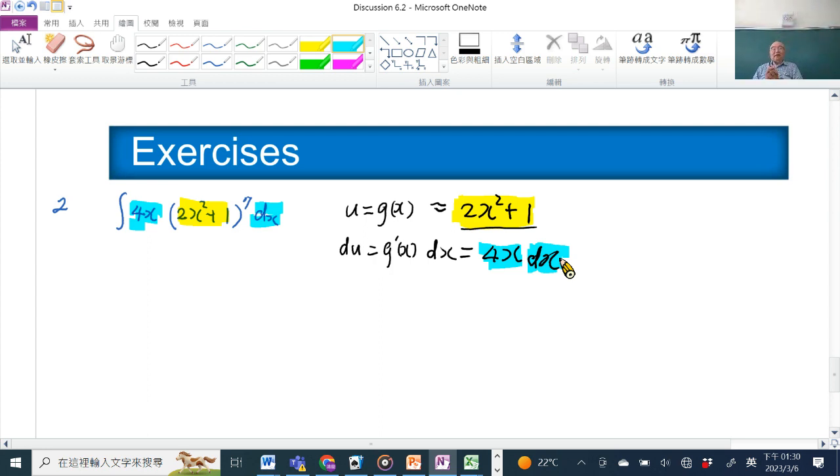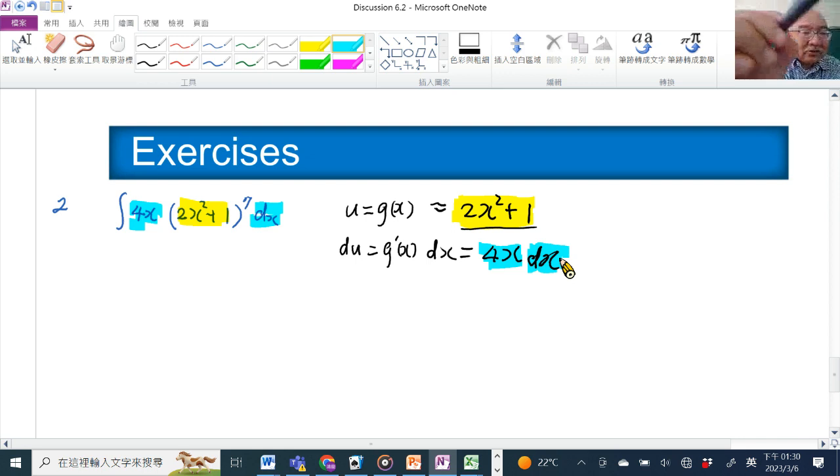If you check, the shaded part of yellow is completely found inside the parentheses. Inside the parentheses, to the power of 7, we do have 2x squared plus 1. And outside of that, we have 4x dx, the blue shaded part. They totally form the whole integration terms.